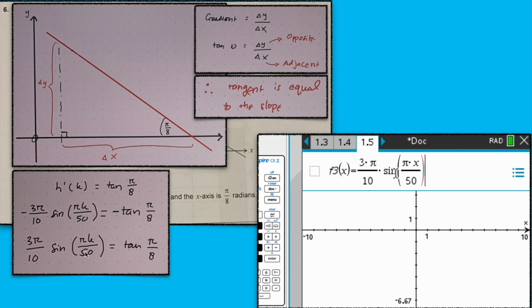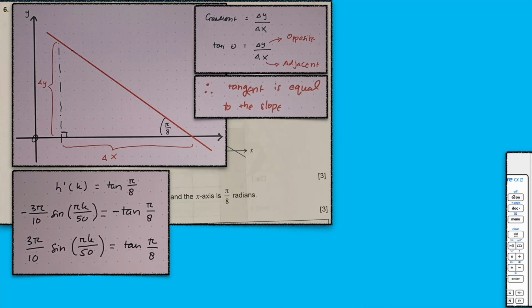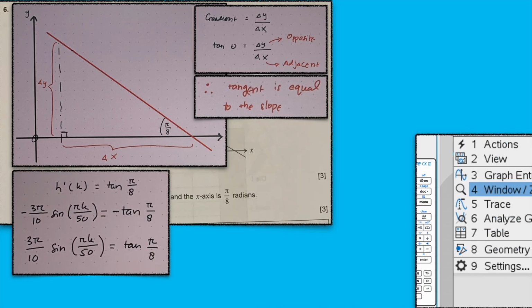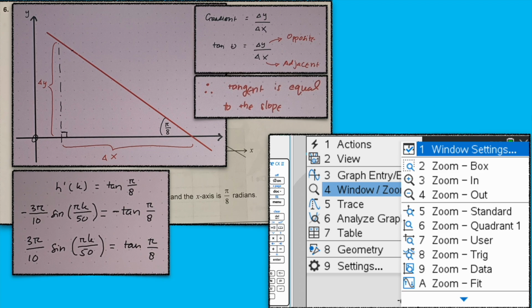Right, so input this function first: 3 pi over 10 by sine pi k over 50. Don't forget the unit used is radian. Generate the curve like so, and then we can make adjustment to the curve by going to window and go to window setting.